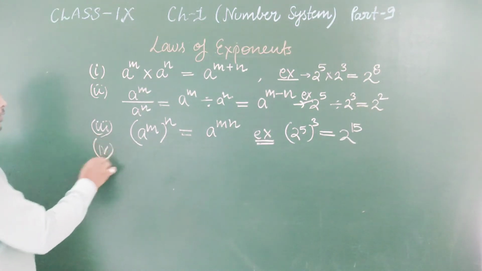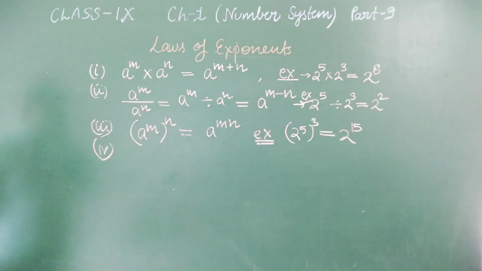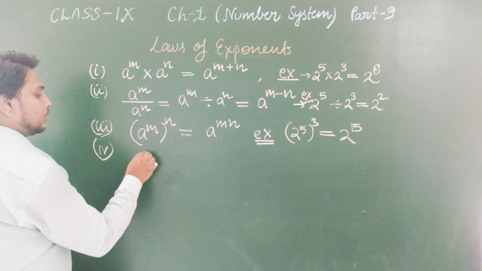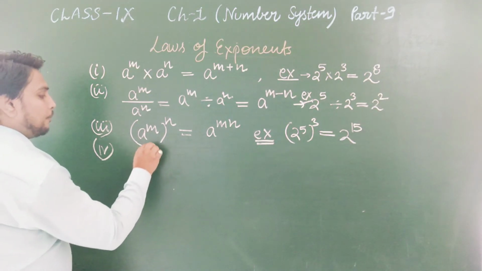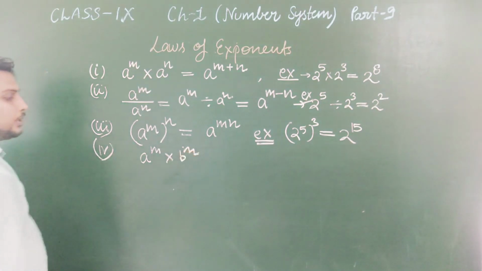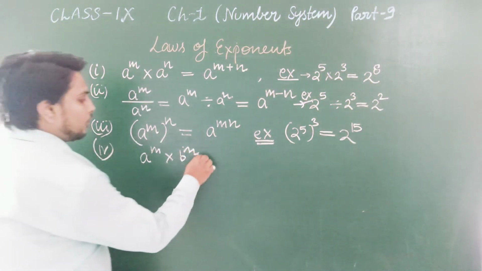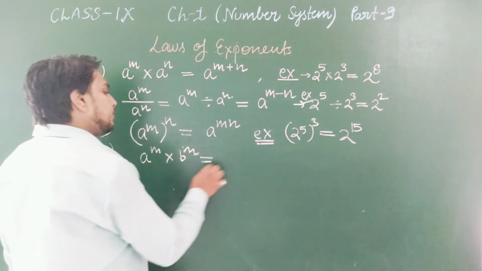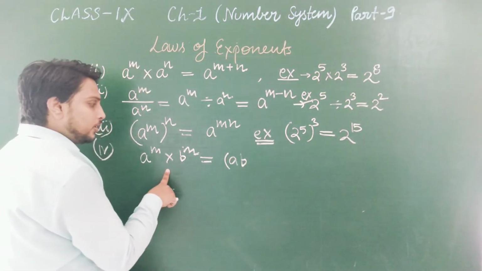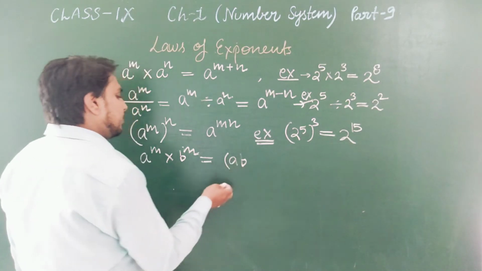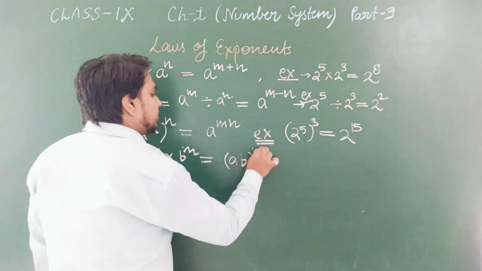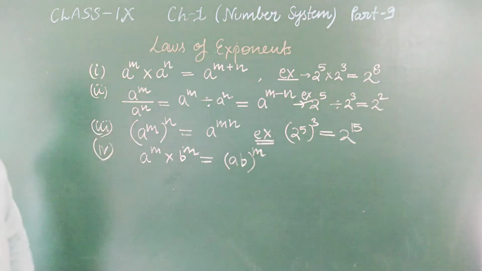The fourth law is that if the powers are the same, a to the power m into b to the power m, then we can collect the bases in the case of multiplication, and in division also, and write the power as common.